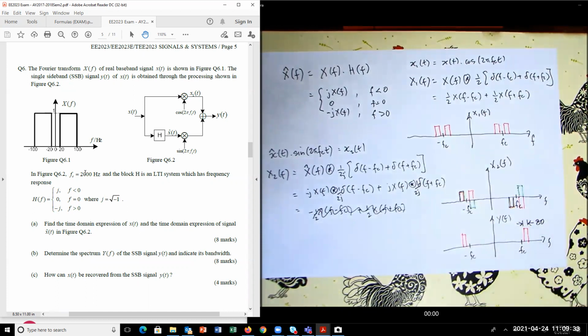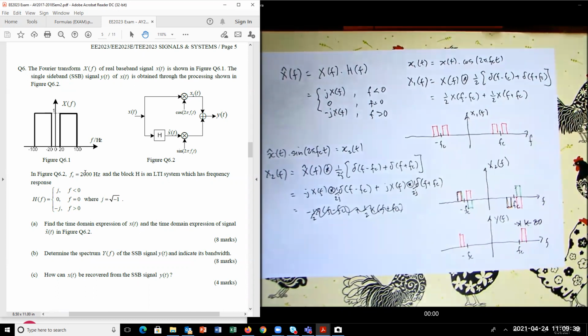The green one here will be 1 because you're adding this one and this one to become 1.